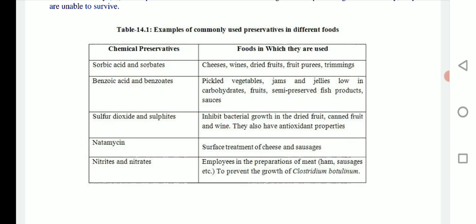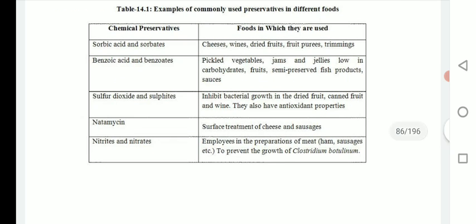So these are several examples of commonly used preservatives in different kinds of foods. Sorbic acid and sorbates are mostly used in cheese, wines, dried fruits, and fruit porridge. Benzoic acid and benzoates are used in pickled vegetables, jams and jellies, low-carbohydrate fruit products, and semi-preserved fish products and sauces.